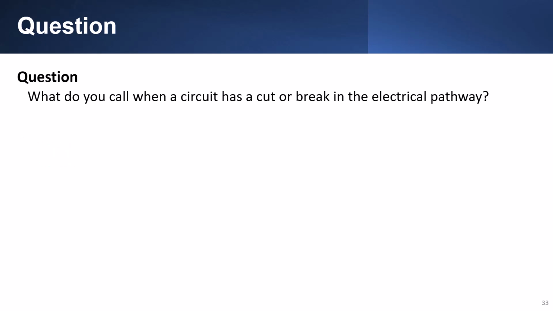Question: what do you call when a circuit has a cut or break in the electrical pathway? Answer: an open. Question: what do you call when a load is unintentionally bypassed?